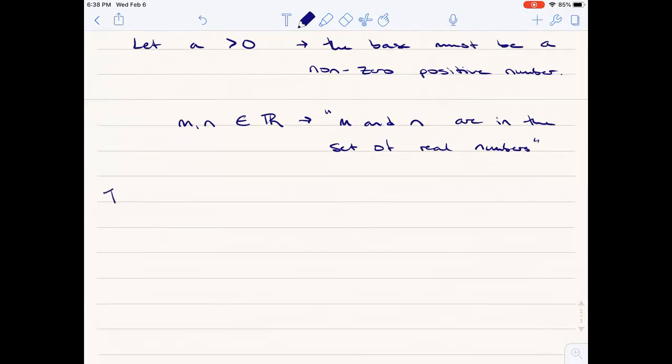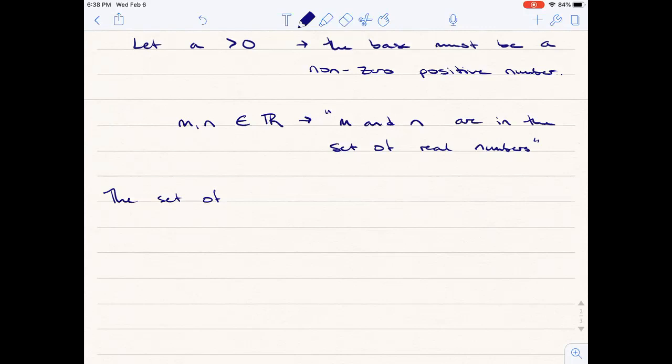And the set of real numbers is any number between negative infinity and infinity. Okay, so all the numbers that we can think of are real numbers. Of course, you might know that there's imaginary numbers as well, right? The square root of -1 makes an imaginary number. We're not dealing with those.